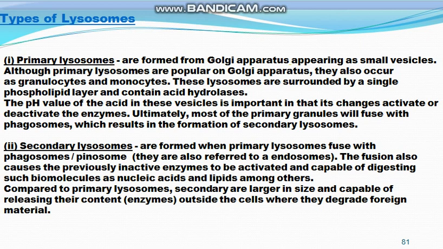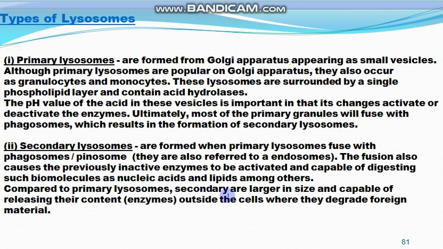And what are secondary lysosomes? These are formed when primary lysosomes fuse with phagosomes, pinosomes, and they are also referred to as endosomes. The fusion also causes the previously inactive enzymes to be activated and capable of digesting such biomolecules as nucleic acids and lipids, among others.